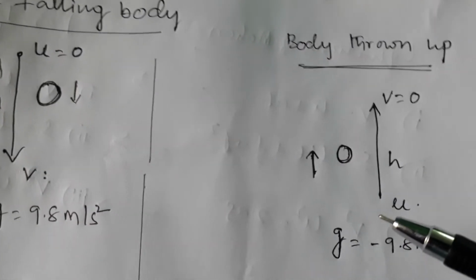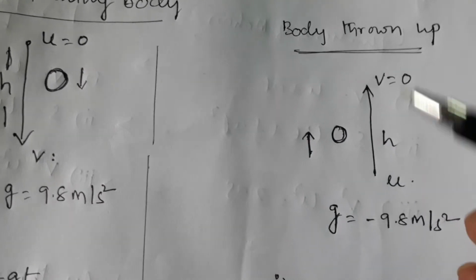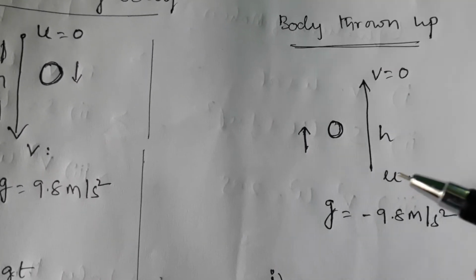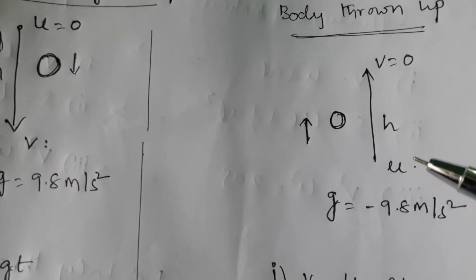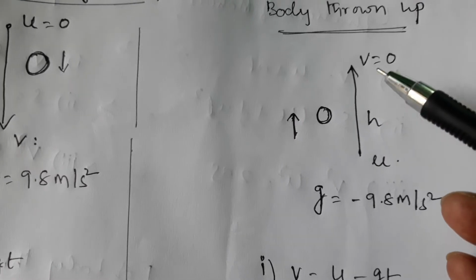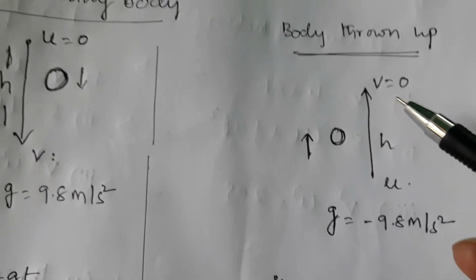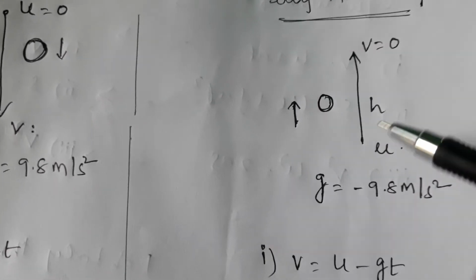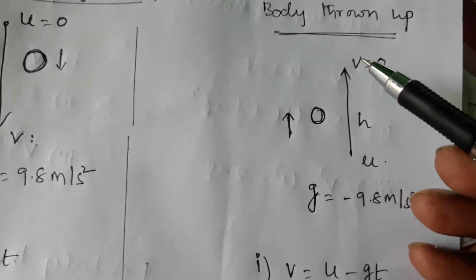Now a body thrown up. When a body is thrown up, we must apply some velocity, then only it will go up. So initial velocity will be there, and the final velocity after throwing, when the body reaches a certain height, becomes 0, then only it will stop there.